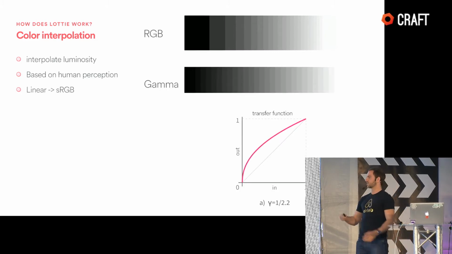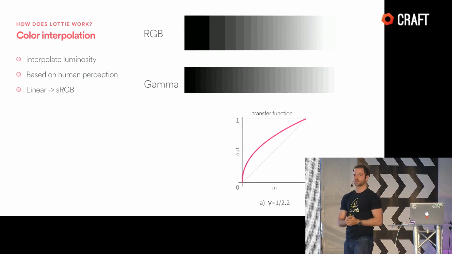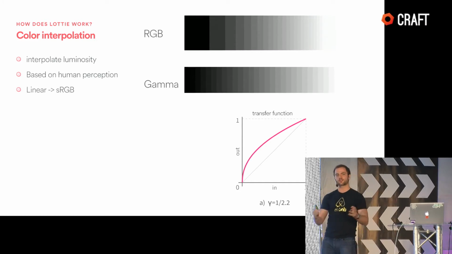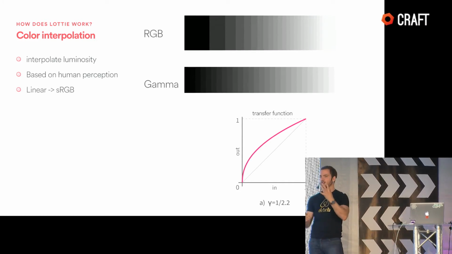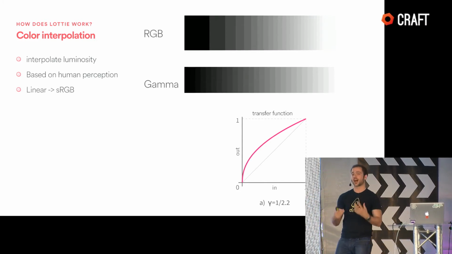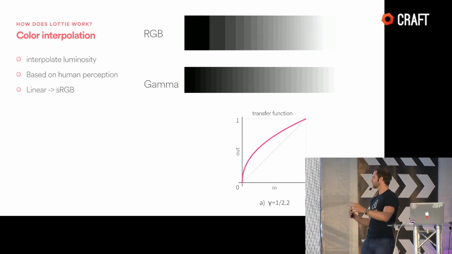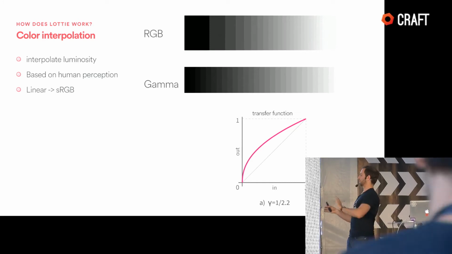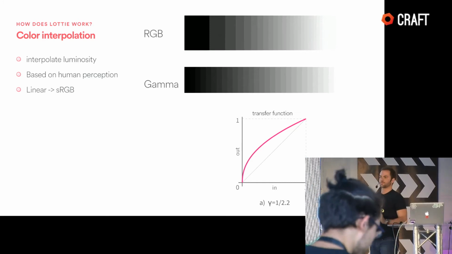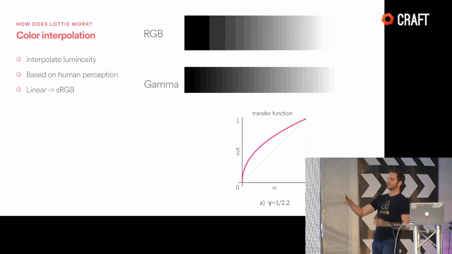There's a little transfer function you can run that converts 0 to 255 to gamma and a luminosity that is based on how our eyes perceive the color. It's roughly x to the 1 over 2.2, gamma equals 2.2. If we run the transfer function over the gradient, then you get even bars.